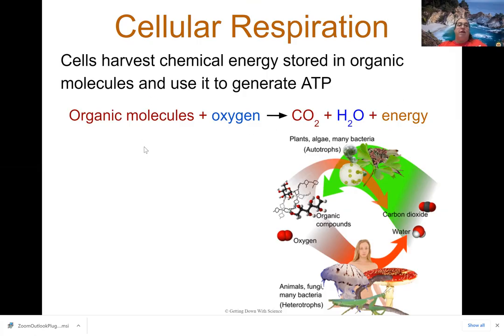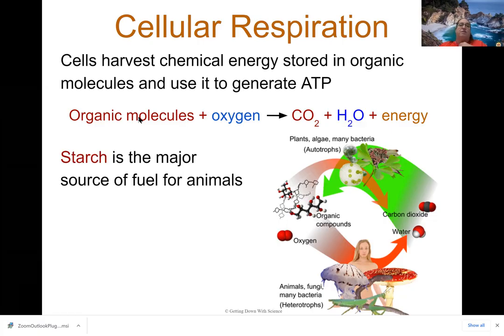So we're going to take the organic molecule plus oxygen, and we're going to end up with carbon dioxide, water, and energy. You know, if I were to just say glucose here, that sounds an awful lot like the opposite of photosynthesis, and that's what it is. Starch is the major source of fuel for animals, and remember, starch was simply made up of basically strings and strings of glucose monomers joined together.